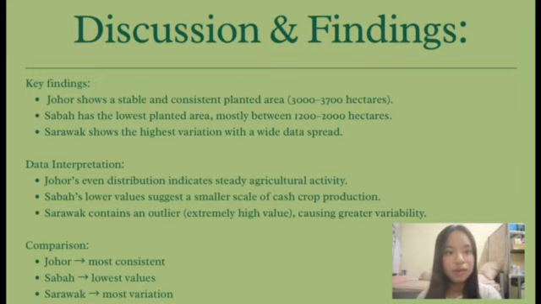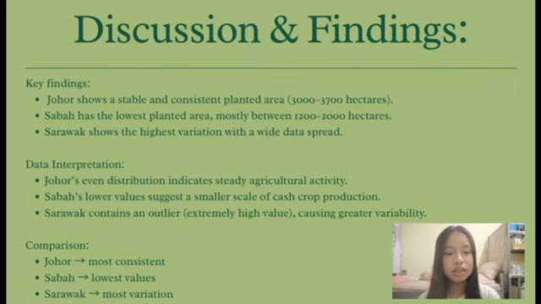Now, let's move on to discussion and findings. In this section, we discuss the findings from our analysis of cash crop planted areas in Johor, Sabah, and Sarawak. Based on the results, Johor shows a stable and consistent pattern with most values ranging between 3,000 and 3,700 hectares.